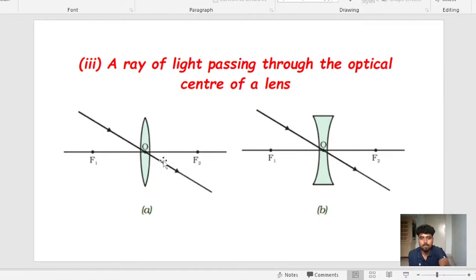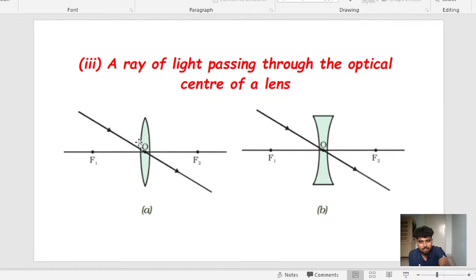Now here I can say that this line directly goes through it. It will never come back because this center point doesn't have the principle of refraction. Now what is refraction? Bending of light is known as refraction, right?